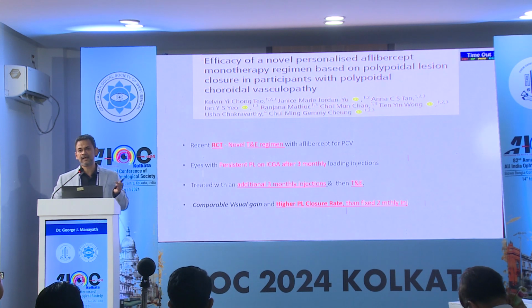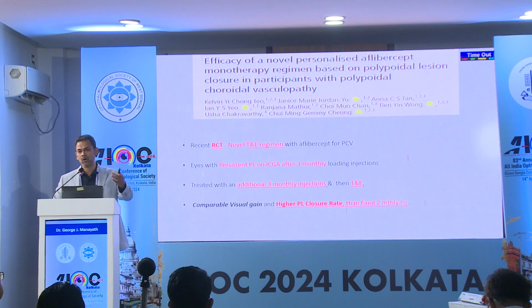So a recent RCT showed that even after 3 months, if polypoidal lesions are persisting, it is good enough to extend the loading doses with newer anti-VEGF therapy up to 6 months, which gives almost comparable polyp closure compared to photodynamic therapy.